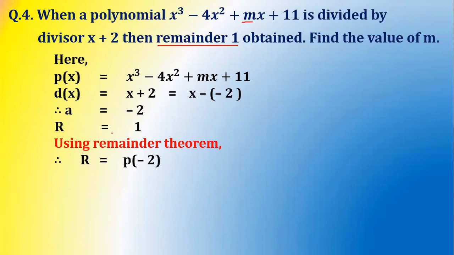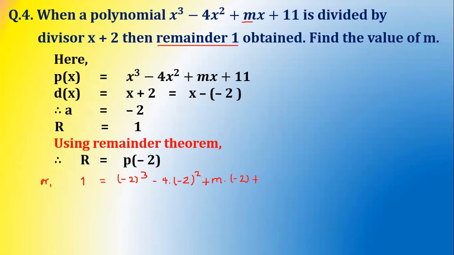This time we are given the value of the remainder, which is 1. So 1 equals p(minus 2), which would be minus 2 cube minus 4 into minus 2 square plus m, the coefficient remaining the same, times minus 2 in place of x, and plus 11.